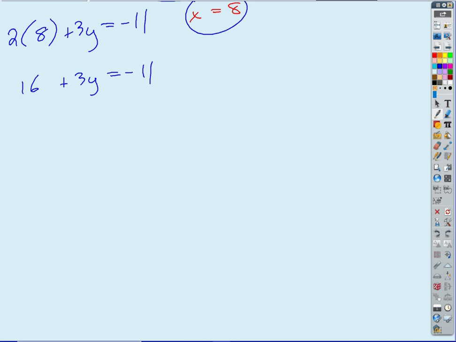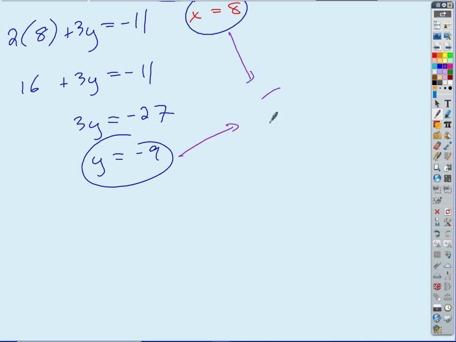Subtract 16, so what's that going to give me? 3y equals 27, okay. And then divide by 3, so I get y equals negative 9. And I got it. There's both parts of my solution, x and y.